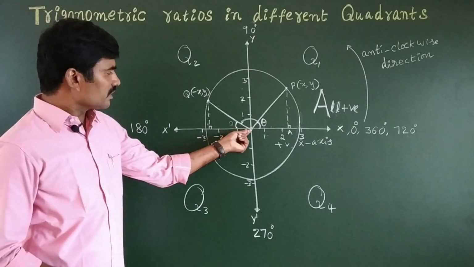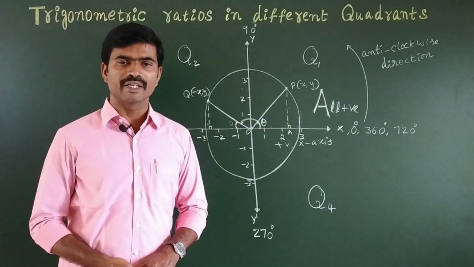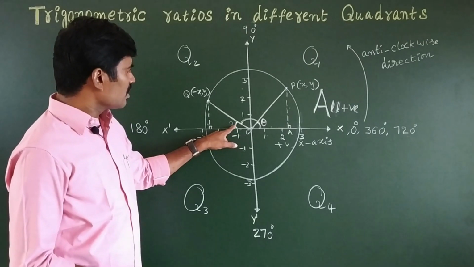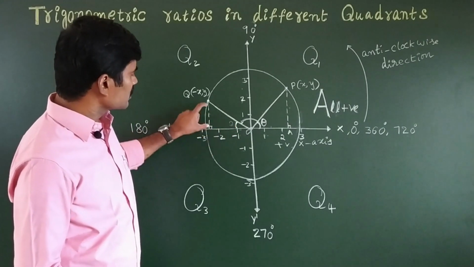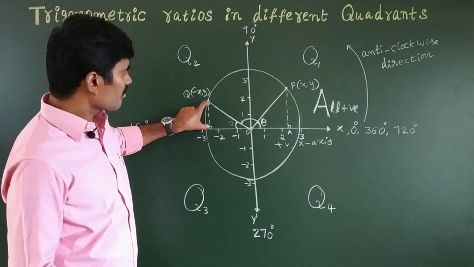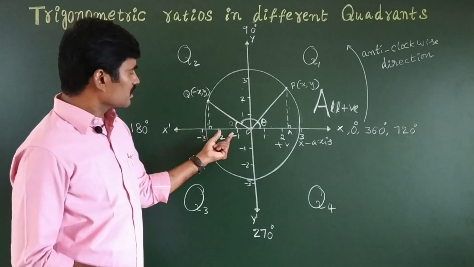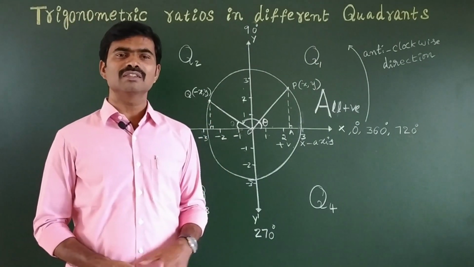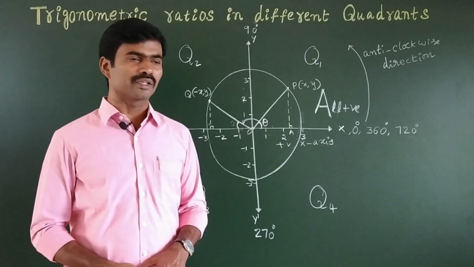So in quadrant 2, cos theta is negative. Next, tan theta. Tan theta is opposite side by adjacent side. The opposite side is positive, which is parallel to the positive y-axis, and the adjacent side is negative. So positive by negative is negative. So in quadrant 2, tan theta is negative.